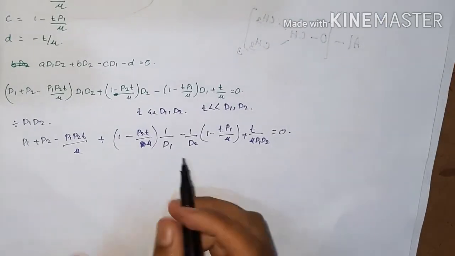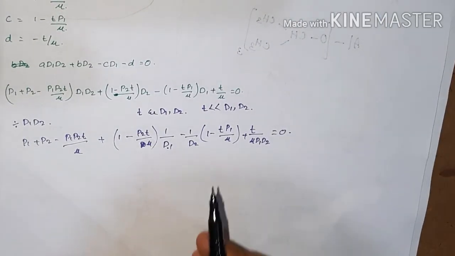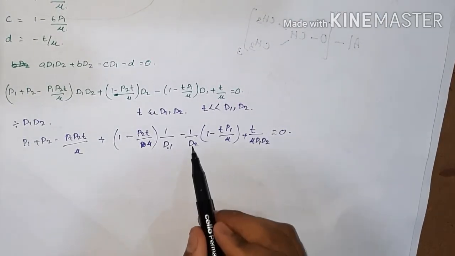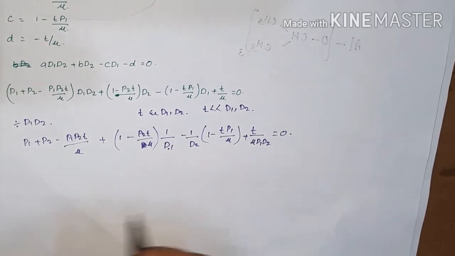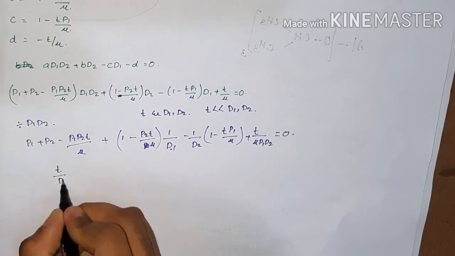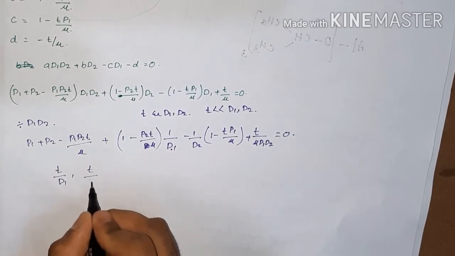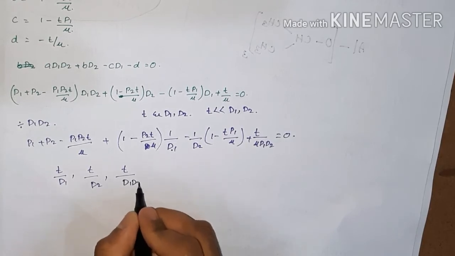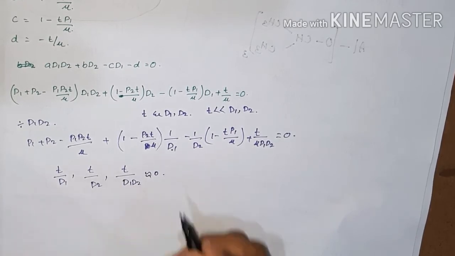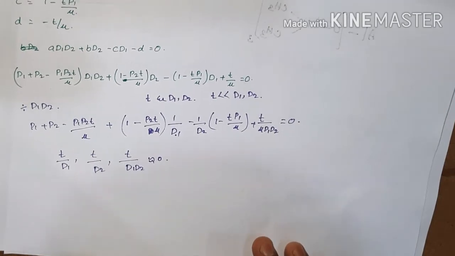So the terms t divided by d1, t divided by d2, as well as t divided by d1 d2 can be neglected. That means t by d1, t by d2, t divided by d1 d2 will be approximately equal to 0.